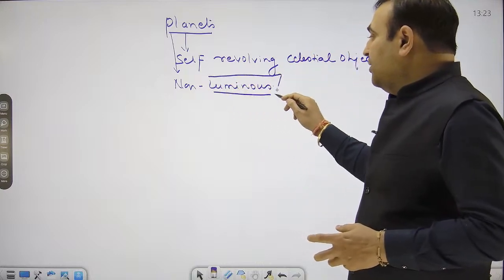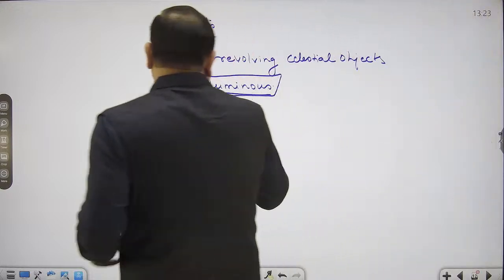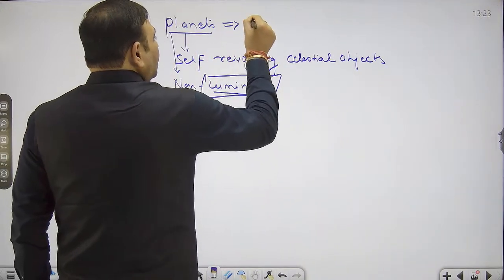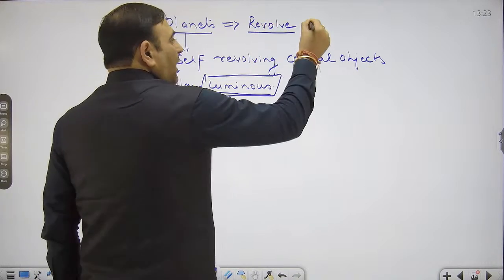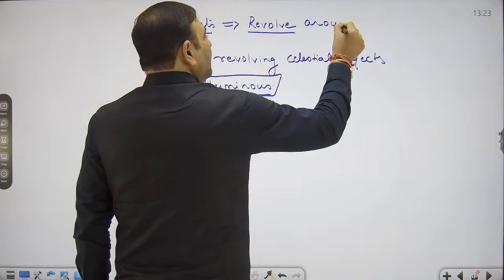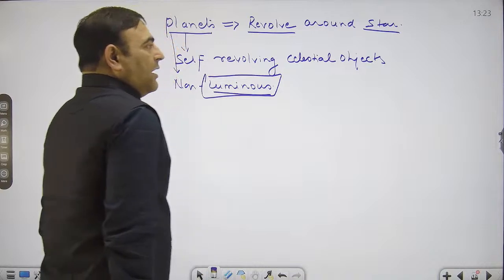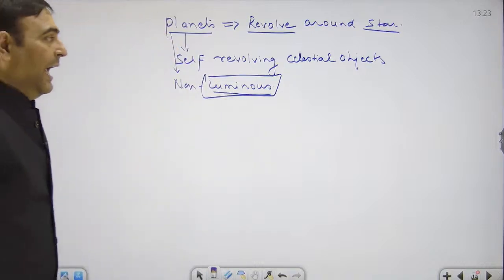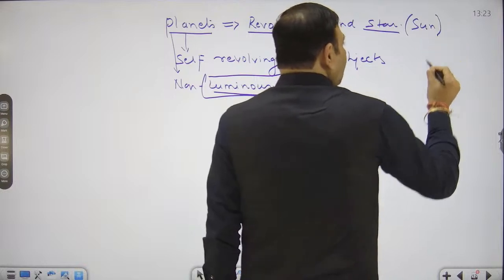They are non-luminous bodies. They revolve around a star, any star, and this star for our Earth, for our solar system, is the Sun.